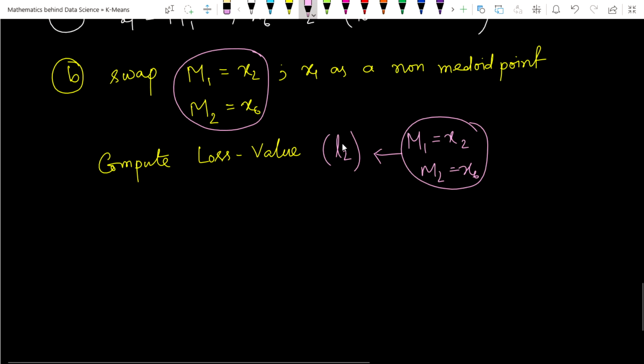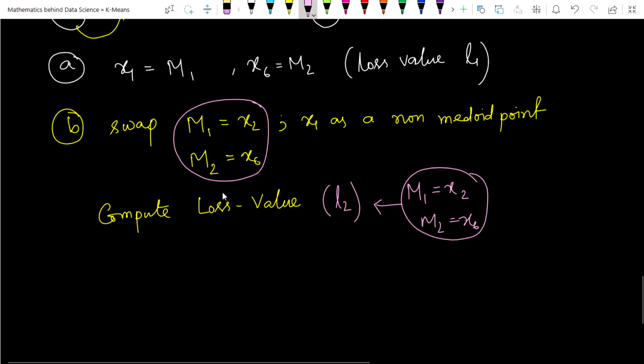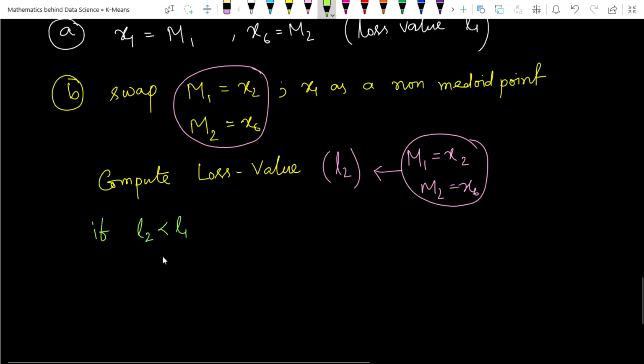Now we have to check if this L2 is less than L1. If so, then we make m1 equal to x2 and m2 equal to x6.